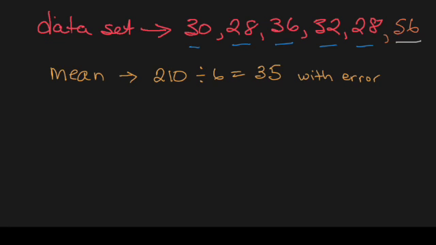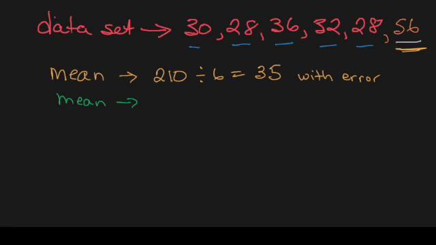And then we're going to take the number where he fell and calculate the mean again. So we're going to exclude that number 56 from the data set. That reduces the number of items in our data set by 1, and it also reduces the total when we add them up.